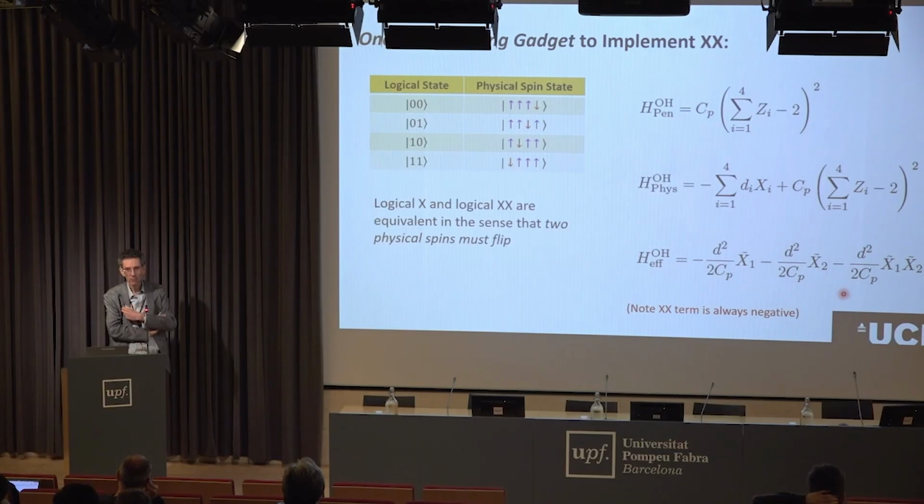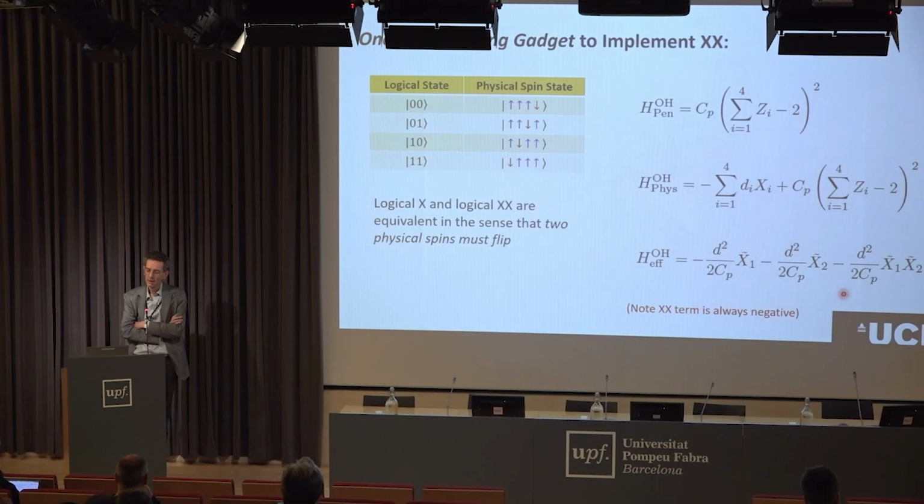Okay. And do you know how the required number of ancilla qubits changes with the number of catalysts? So to implement a single XX, you need 2 additional ancillae.